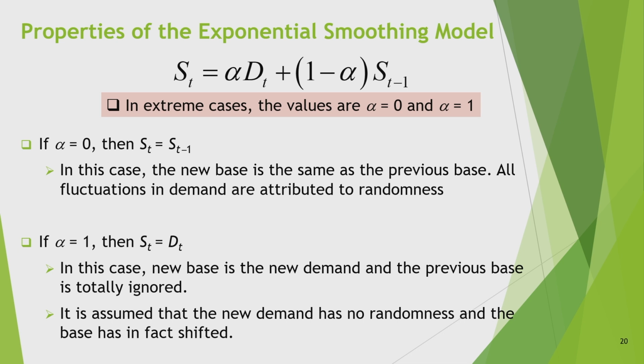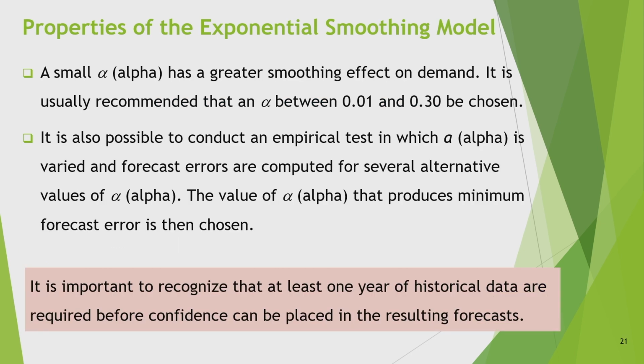All fluctuations in demand are attributed to randomness. Therefore, we do not change the base, we say that this is the average one. If alpha is equal to 1, then S(t) is equal to d(t). In this case, the new base is the new demand and the previous base is totally ignored. It is assumed that the new demand has no randomness and the base has in fact shifted.